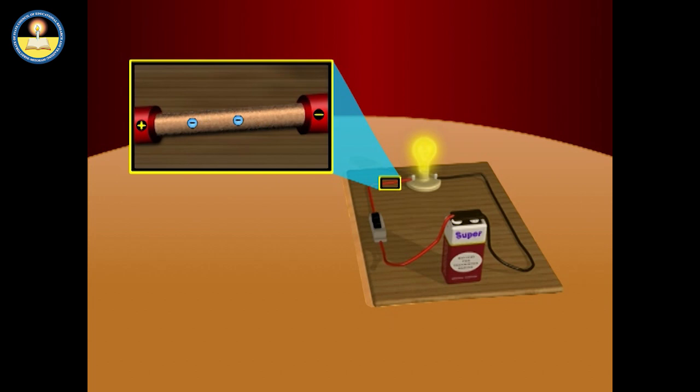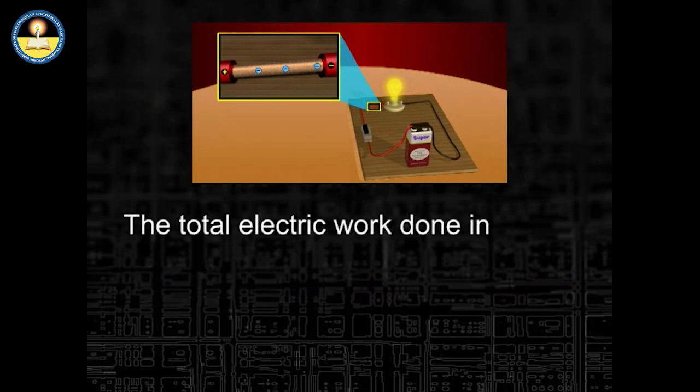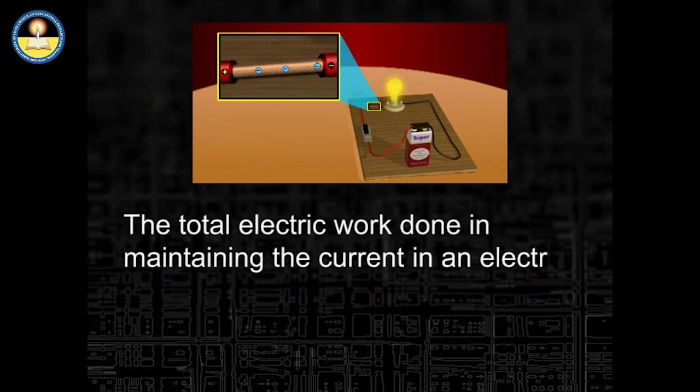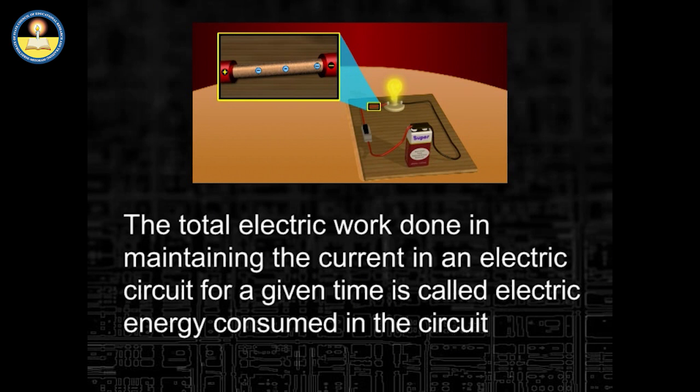In a simple circuit, where the current is supplied to a conductor by the cells, it is the chemical energy of the cells which supplies the power for as long as it can. The total electric work done in maintaining the current in an electric circuit for a given time is called electric energy consumed in the circuit.